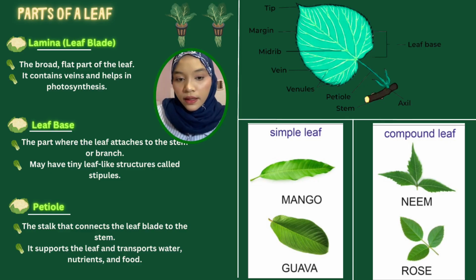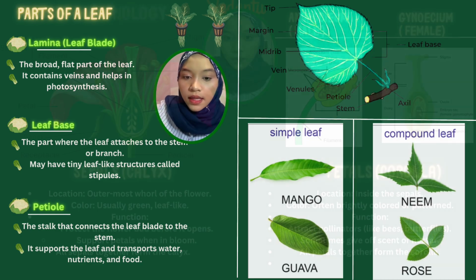Examples of plants with simple leaves: the first one is mango, the second one is guava, third one is jackfruit, and the fourth one is China rose. What is China rose? That is a hibiscus. Examples of plants with compound leaves: the first one is neem, second one is rose, and third one is moringa.